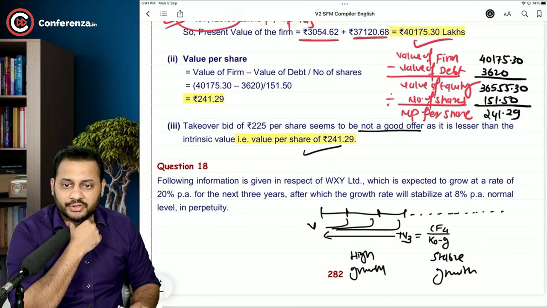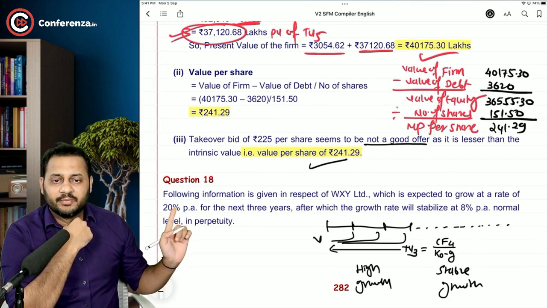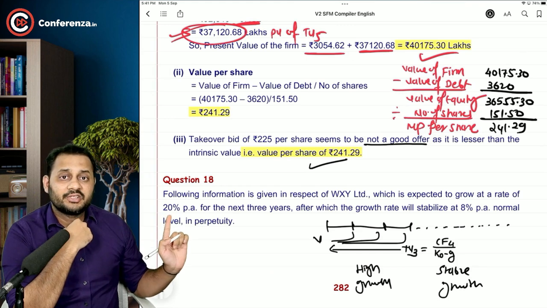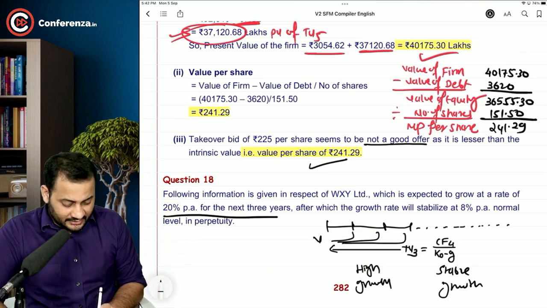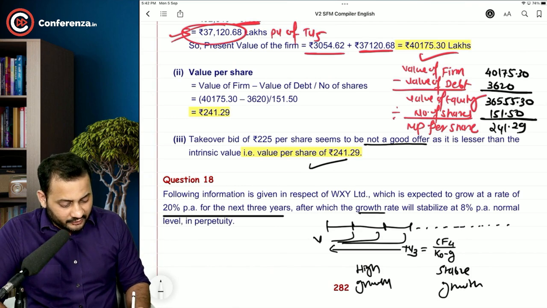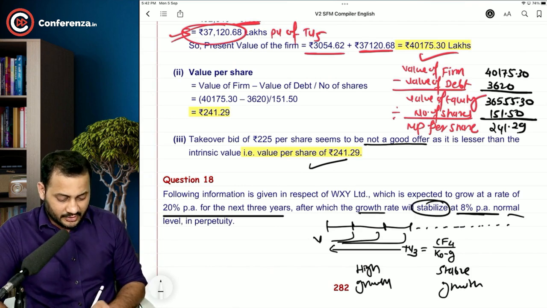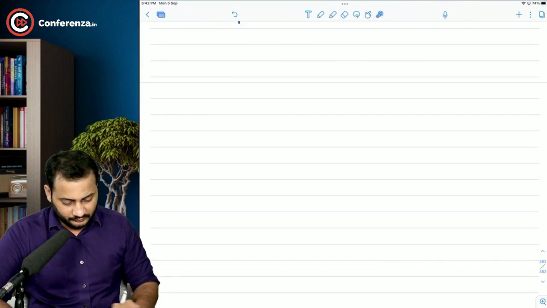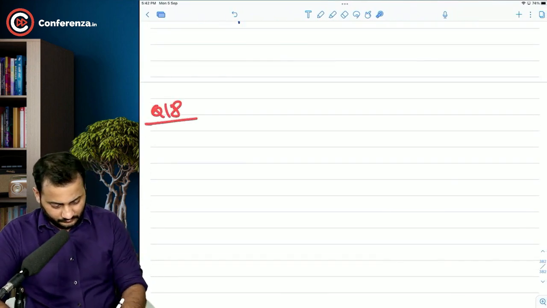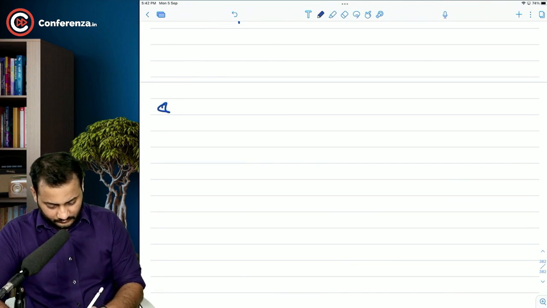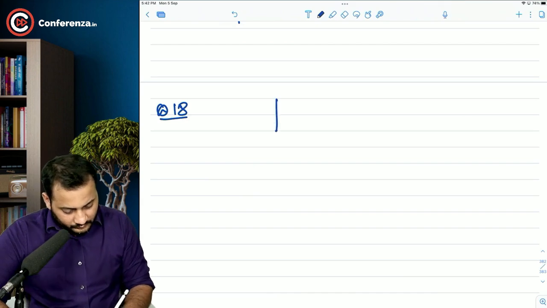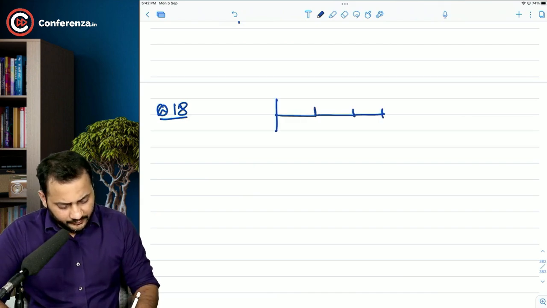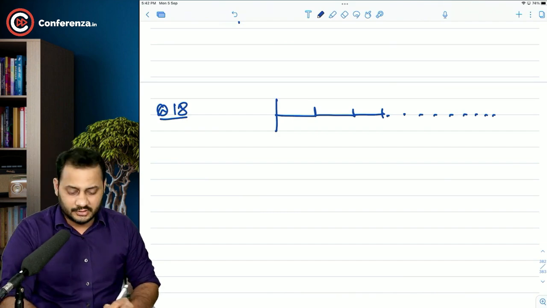Now let's read the question. Following information is given in respect of WXY Limited, which is expected to grow at a rate of 20% per annum for the next 3 years, after which the growth rate will stabilize at 8% per annum normal in perpetuity. Now understand: one, two, three, and then like this.